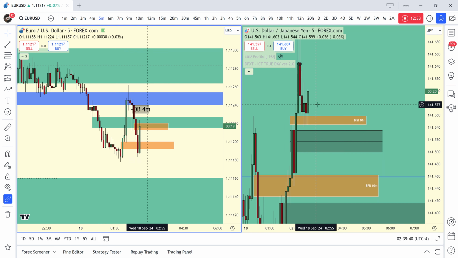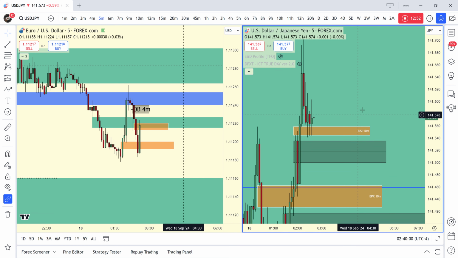It's okay to watch it, and then all right, you see a change in structure or opposing PD arrays being created. Okay, you can take partials or even get out of your position. That's fine, but don't be upset if it still continues to go up. Treat it as a learning moment.